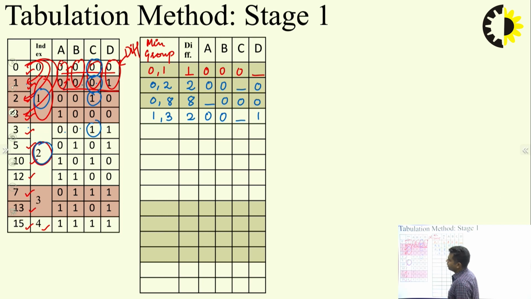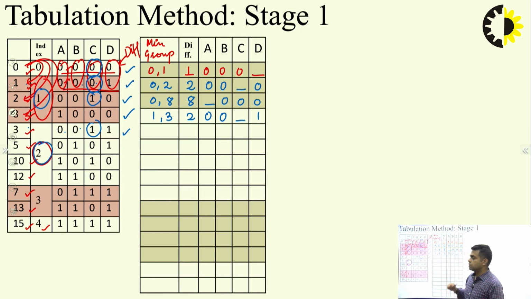And one more thing, we have to tick all the terms which are participating in the next grouping stage. So this 0 has been used, 1 has been used, 2 has been used, 8 has been used, and now 3 has also been used. We have to tick all these terms, because at the end when all the tables are completed, the terms which are not ticked are the ones which will generate the answer.